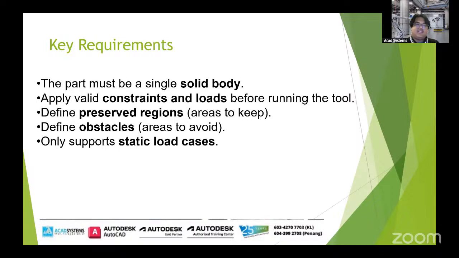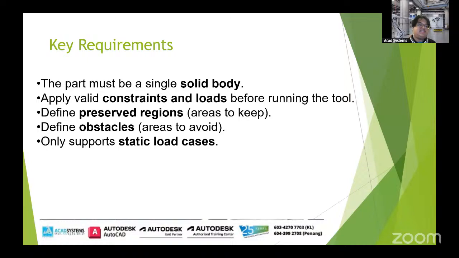And then next, apply valid constraints and loads before running the tool. So if, for example, you have a mounting hole, make sure you apply a pin type of constraint instead of, say, a bearing type. And if you do have a bearing, make sure you apply bearing to it.